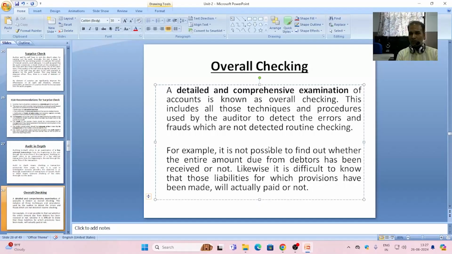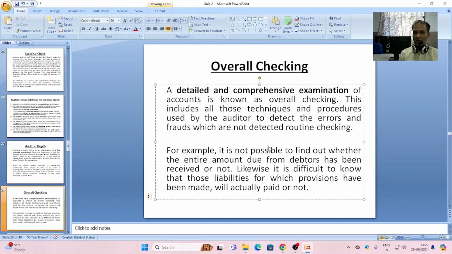Overall checking includes all those techniques and processes that are used by the auditor to detect the errors and frauds which are not detected by routine checking. For example, it is not possible to find out whether the entire amount due from debtors has been received or not. Likewise, it is difficult to know whether those liabilities for which provisions have been made will actually be paid or not.